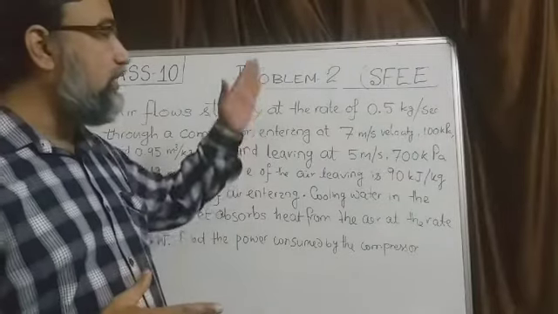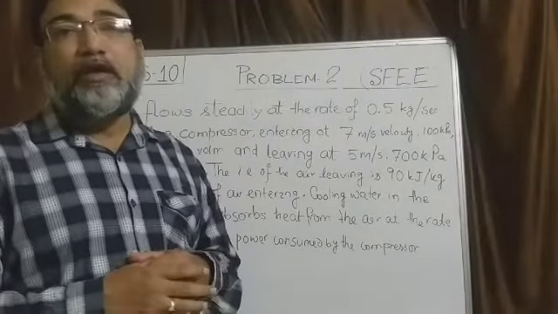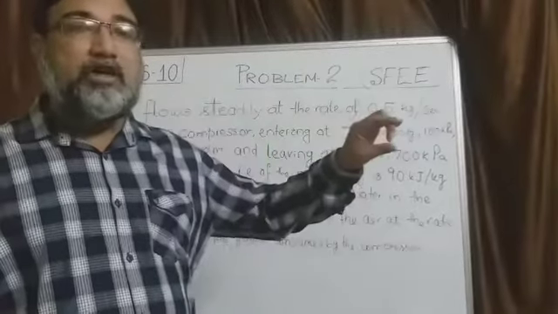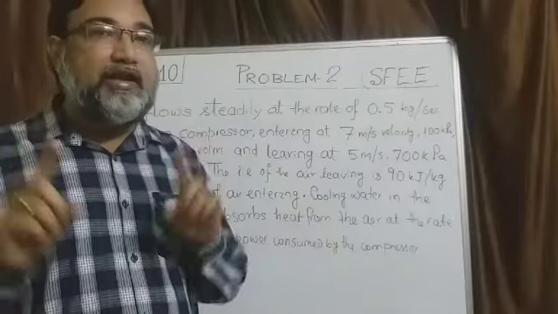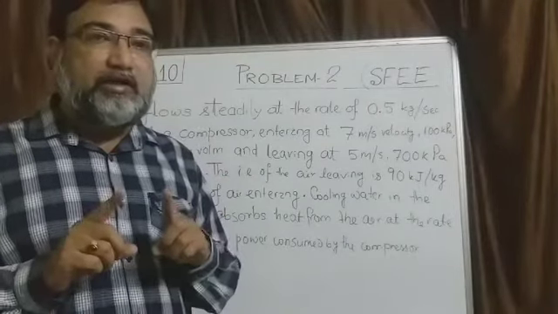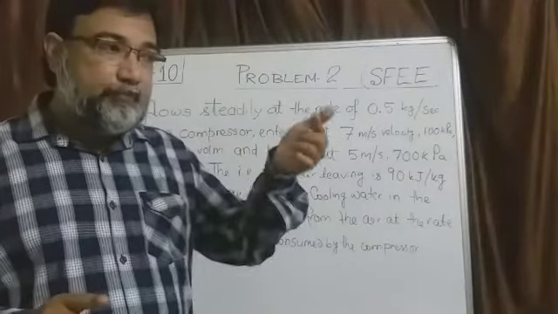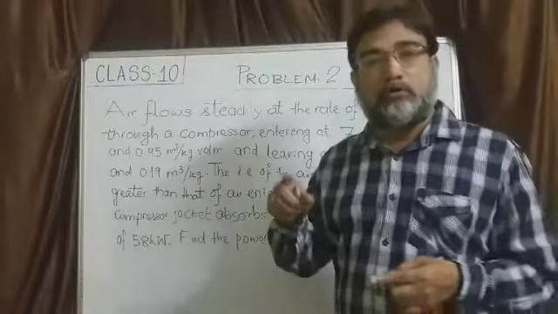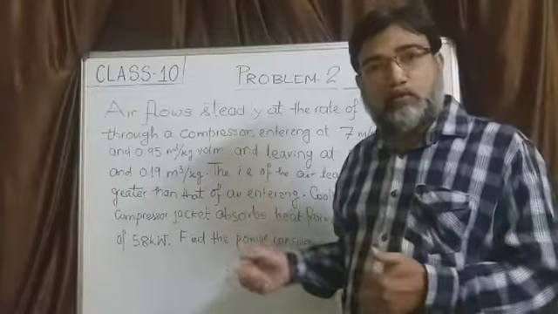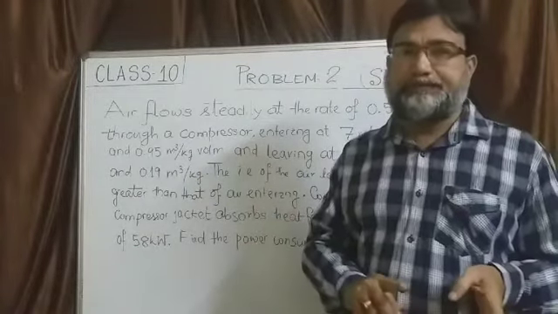After that we will make a list of all given data and then write the full steady flow energy equation. While writing it, we will again take a decision of whether to take a time based equation or a mass based equation. We have to write the equation in the time based format or the mass based format.